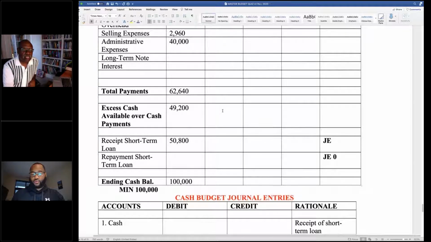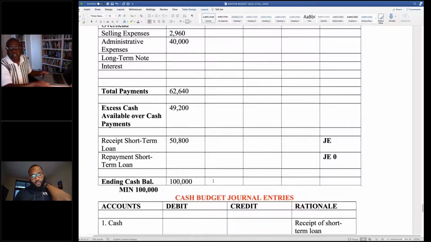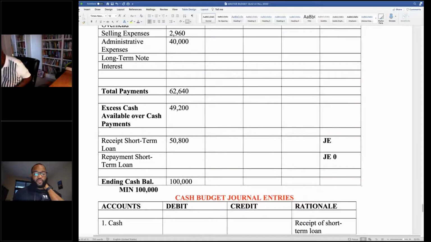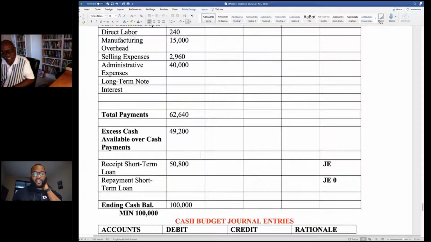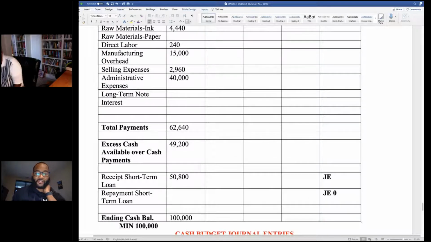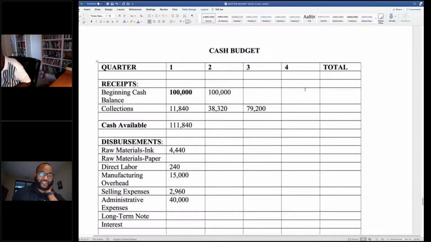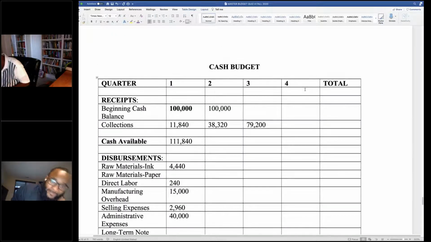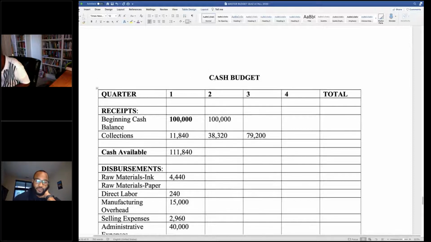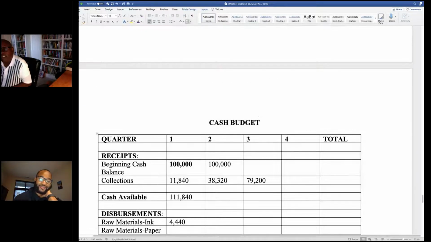Trying to get this excess number, whether you borrow, and what's your ending cash balance. That's what I want at the end of the day. Scroll back up. Oh, you got it now. Come on. It moves so slow.